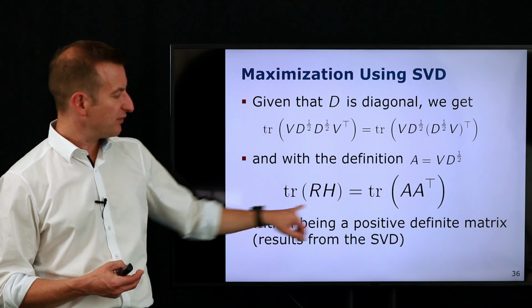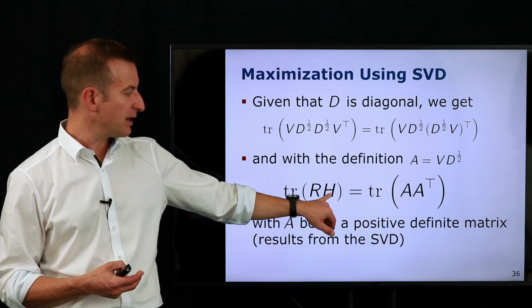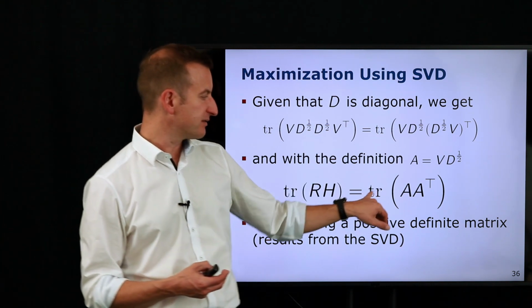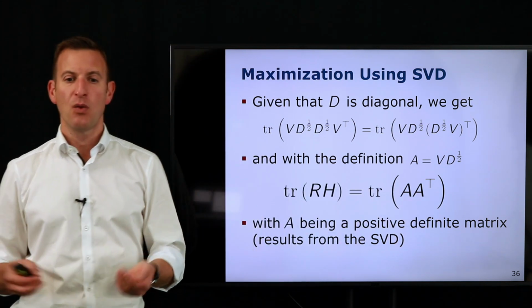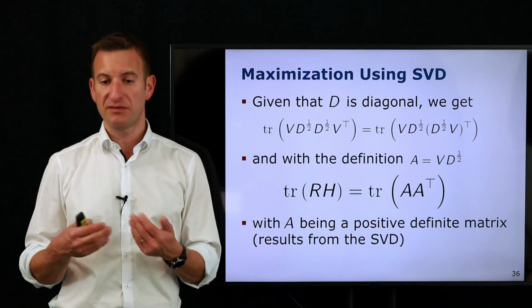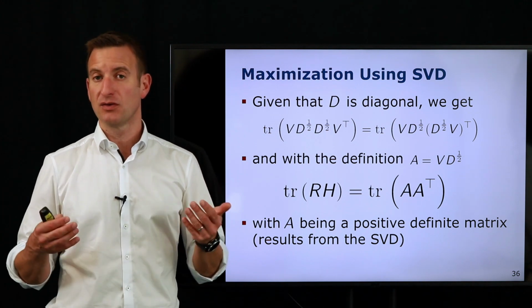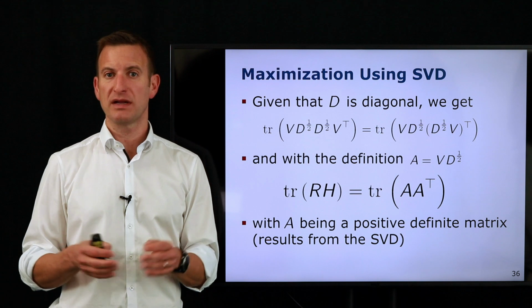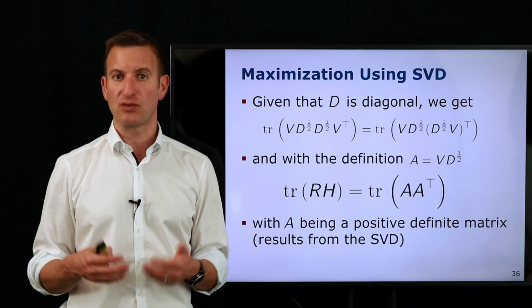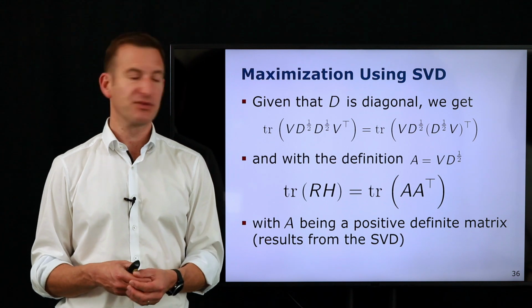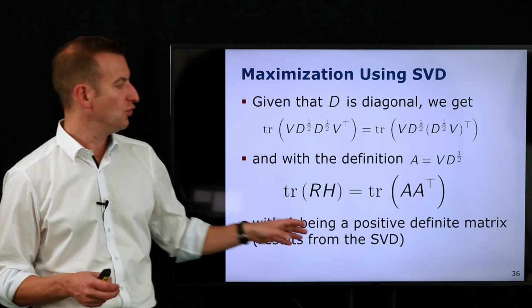So my overall trace expression, the trace of R times H, is nothing else than the trace of a matrix A times a matrix A transposed, where A is a positive definite matrix. Again, it's positive definite only under the assumption that my cross-covariance matrix is full rank, so has rank 3 for our 3D problems. That's important to note.